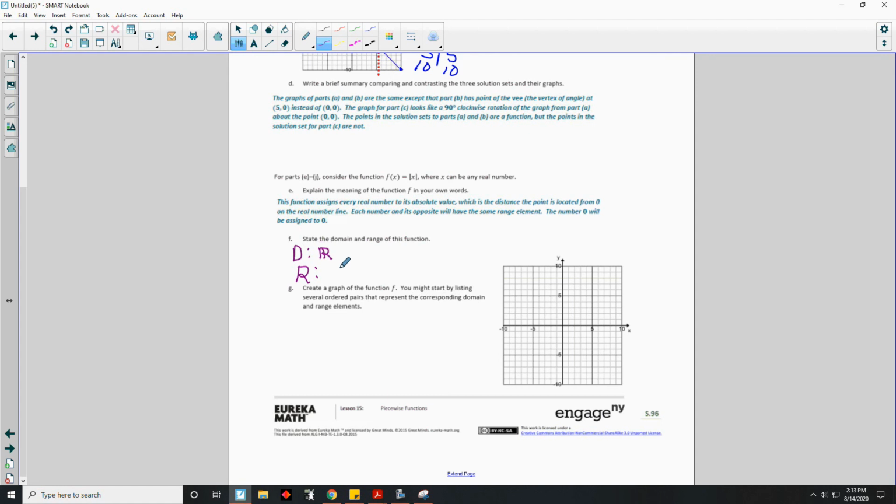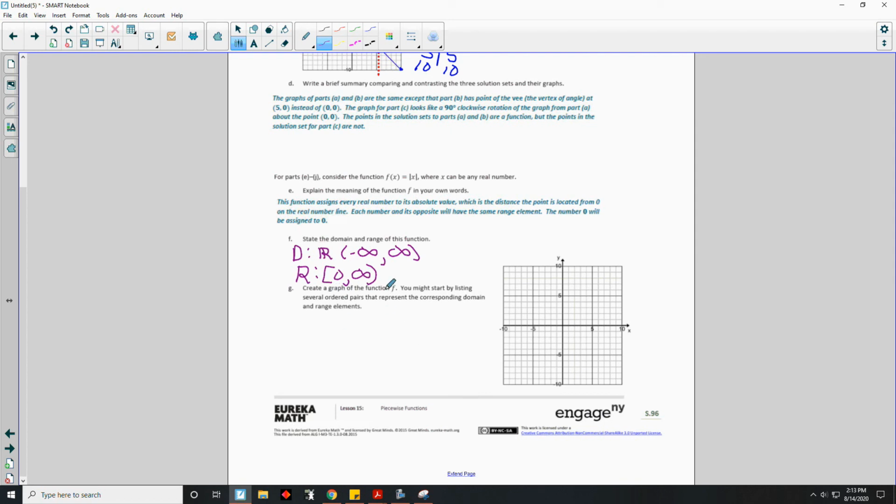You could say all positive numbers, or the range could include 0, so that's a bracket. In set notation, it would be 0, comma, infinity, with an open bracket. And the set of all reals would be negative infinity to infinity, if we used set notation. Okay?